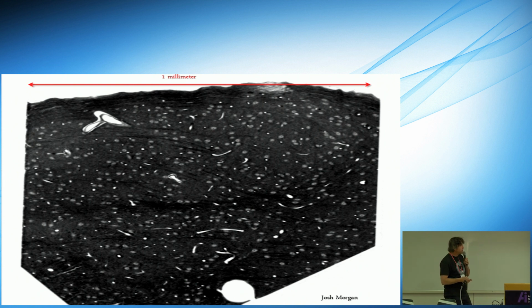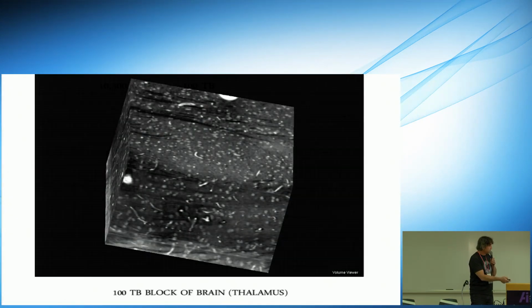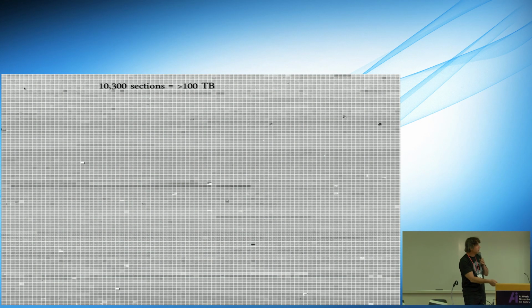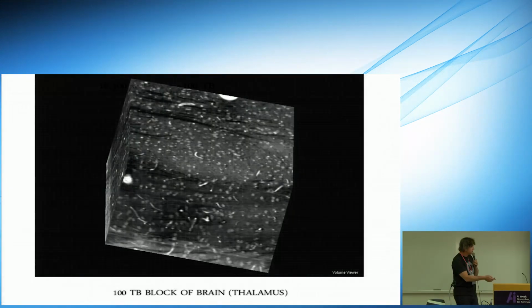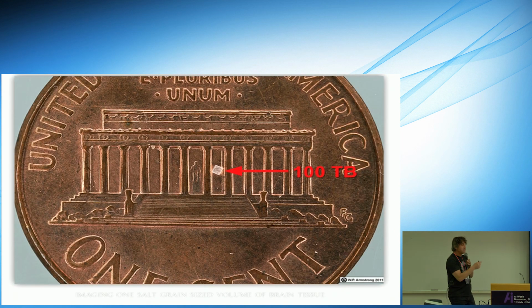If we take all these slices together, about 100 terabytes' worth, what we get is this little cube. We can try to reconstruct what's in this cube. This little cube of 100 terabytes, if you look at its size, is like a grain of salt. If this is a penny, that's the size of this little cube.